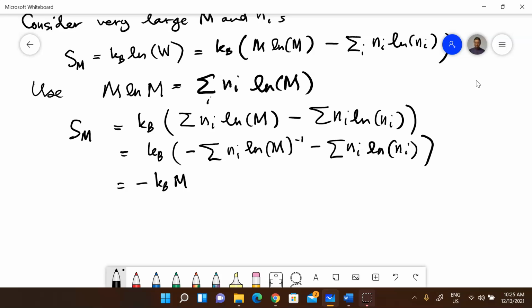So I will have now... how should I do this? Maybe I'll just write it down first, then you can see the logic of it. So sum of ni over m log of ni over m.